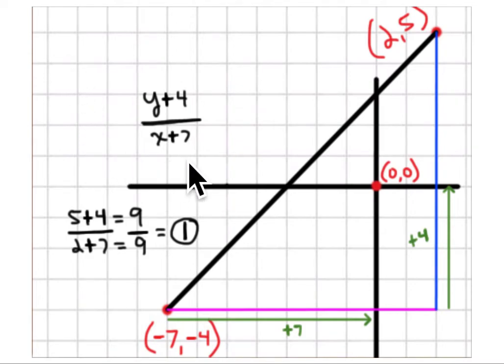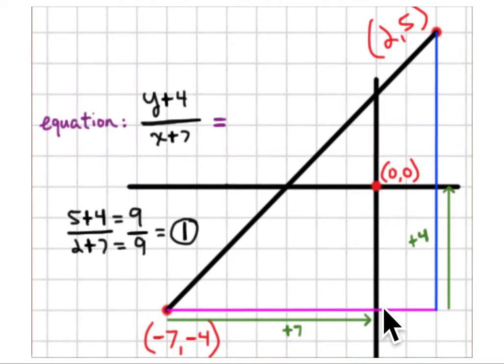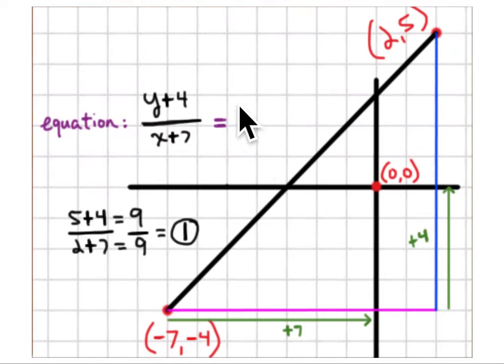So there's the equation, the left side of the equation, y plus 4. Why am I adding 4? Because I need to move this value up these 4 units, and x plus 7, I have to move this value over these 7 units. And what does that equal? What's the slope? That equals 1. So this is an equation for this line.